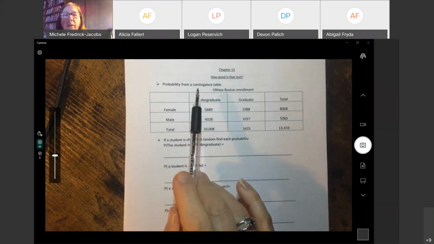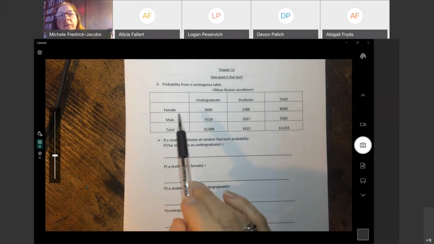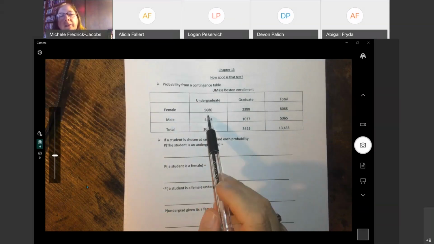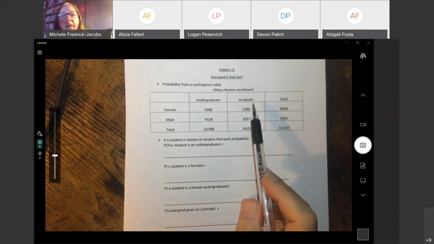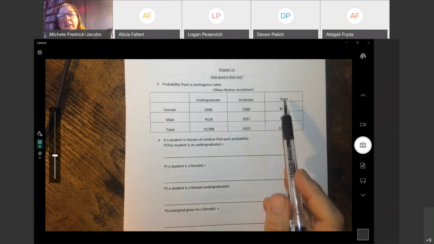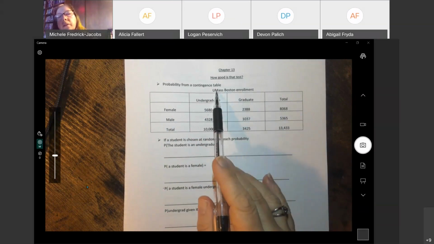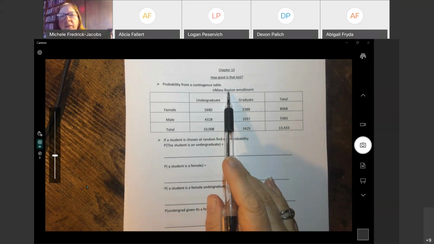This one would say, we looked across here, this is females that are undergraduates and females that are graduates. And then the total number of females at the University of Massachusetts in Boston.